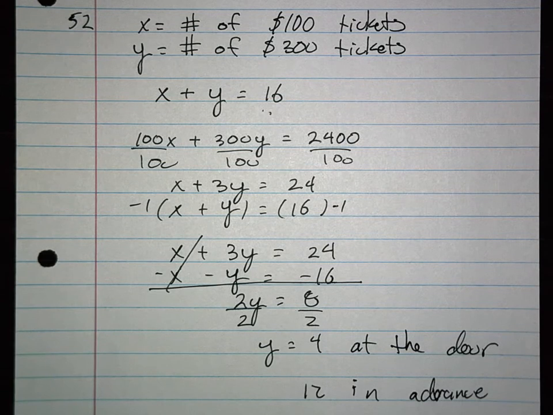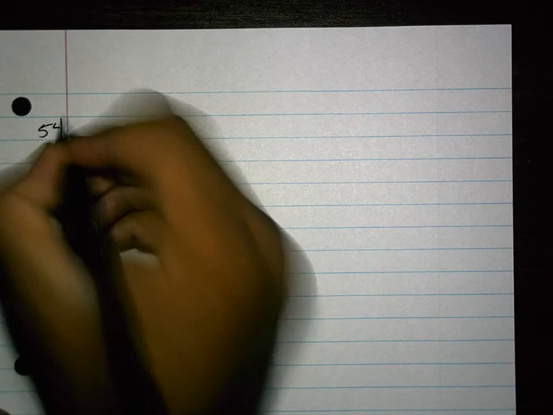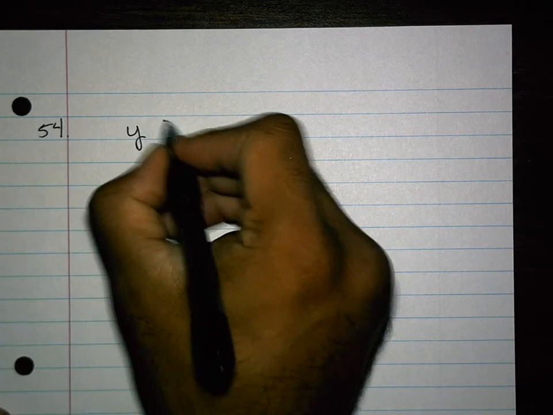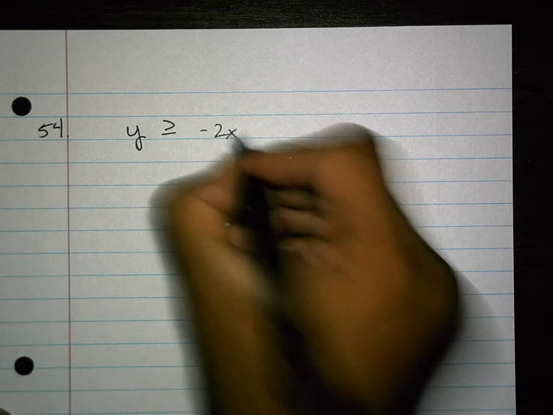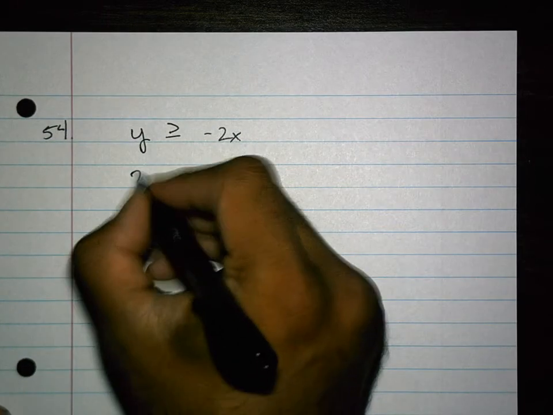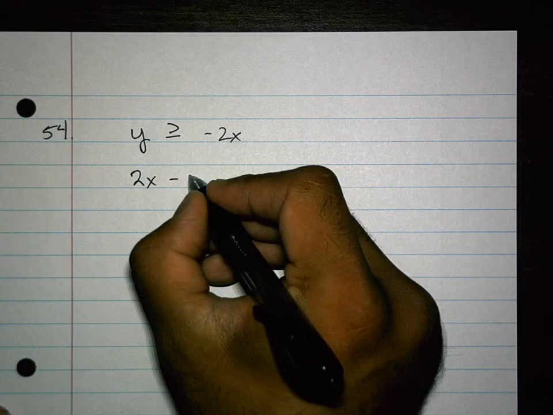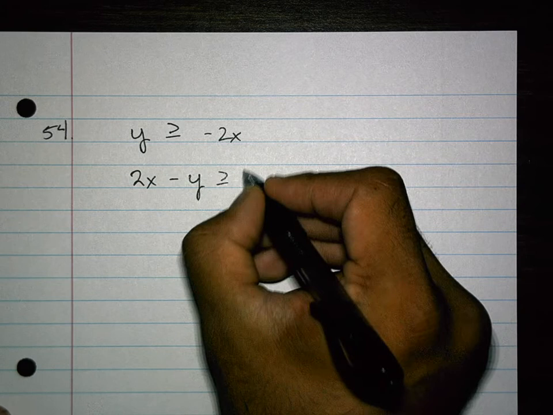54 says graph the system of inequalities. All right. So it gives me y is greater than or equal to negative 2x, and 2x minus y is greater than or equal to 1.